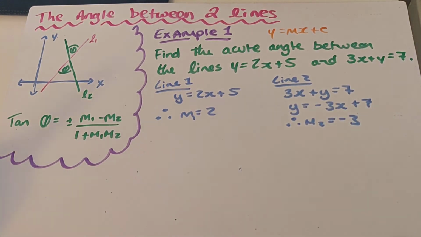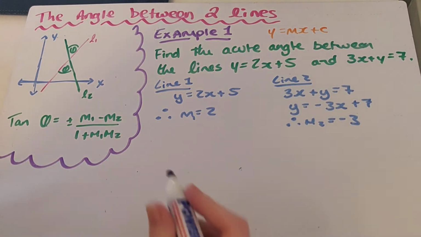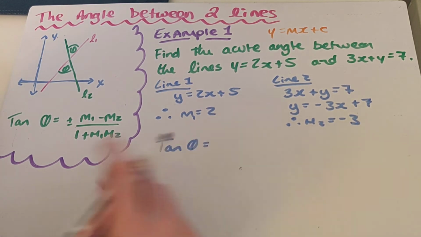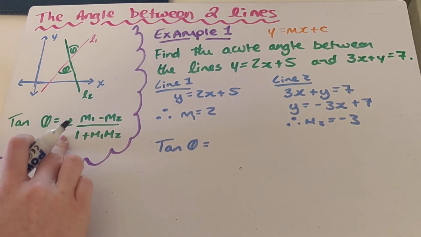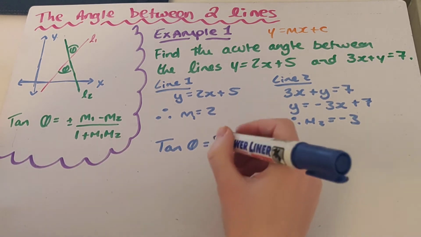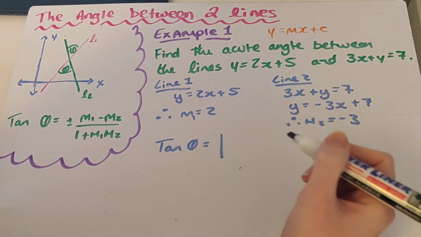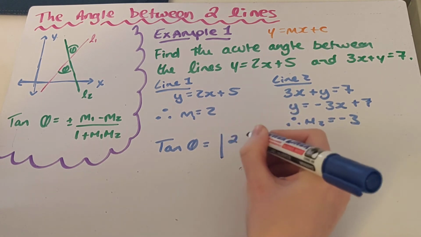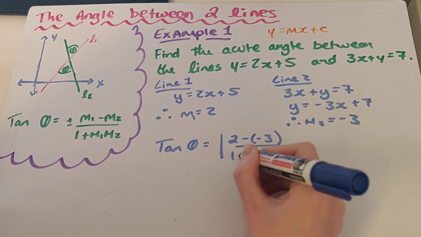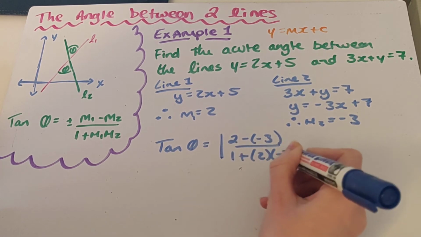Okay, so now that I have the two slopes, I can use my tan formula to find the angle in between. So tan theta is equal to, now there is a plus or a minus here, but we're going to take it as the absolute value, the positive value. So the modulus is what we use to show that. 2 minus minus 3 all over 1 plus 2 by minus 3.